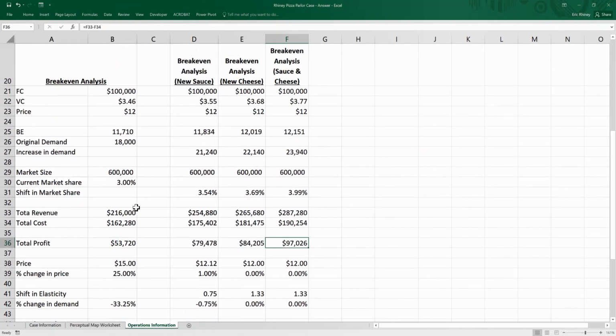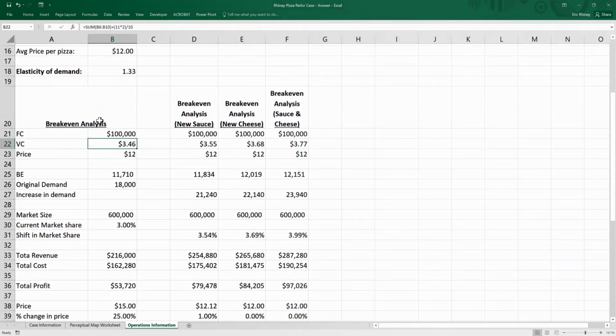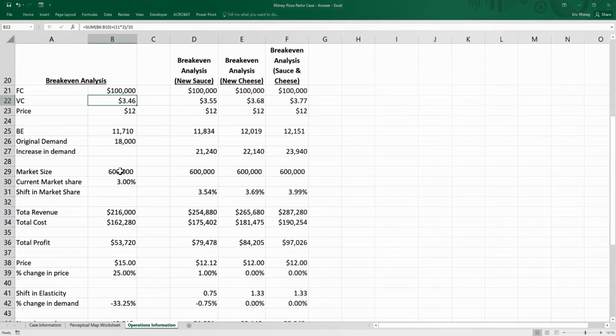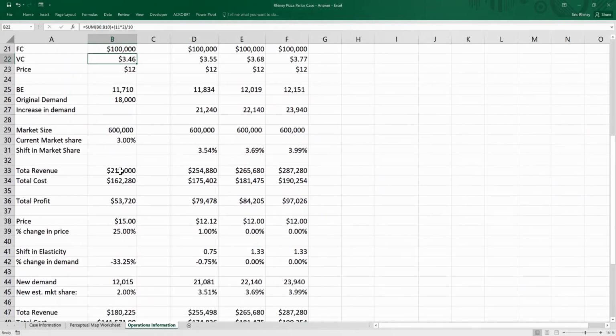All right. One thing that I want you to be aware of in this analysis, this variable cost is actually underestimated. And the reason for that is because we're basing it off of our capacity, which is 10 pieces per hour. But are we actually making 10 pieces per hour? If we look at this 18,000 and we think about, okay, well, how many days are we operating?